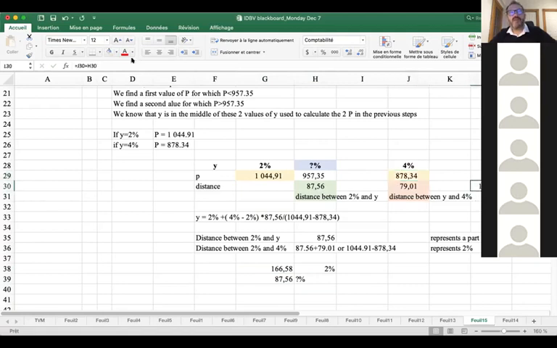So when I do this distance, we do 2%. The question is, how much of this distance have I walked if I want to reach 957? I know that 166.58 represents a total distance of 2%. How much of this 2% does 87.56 represent?